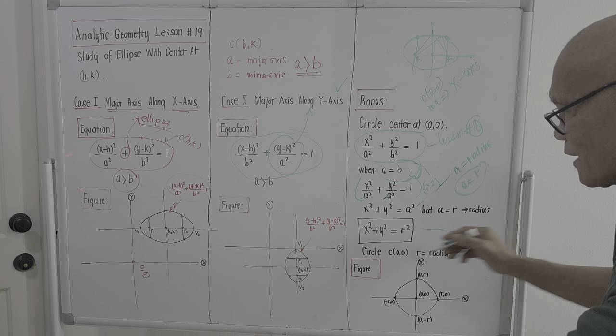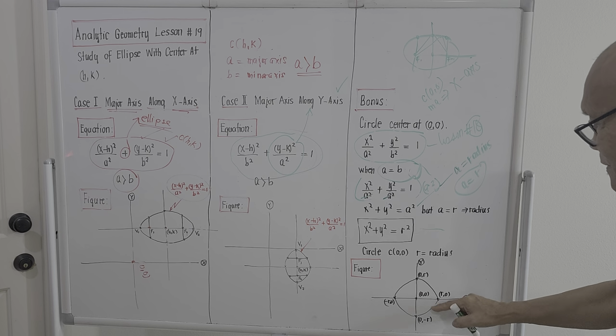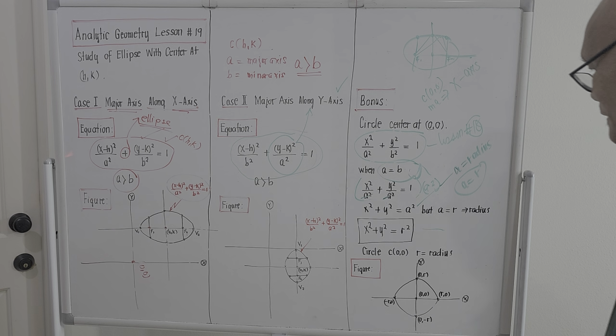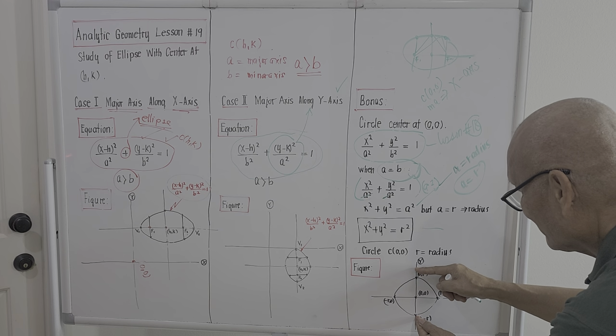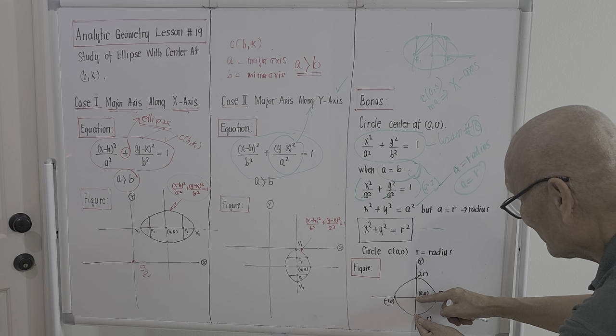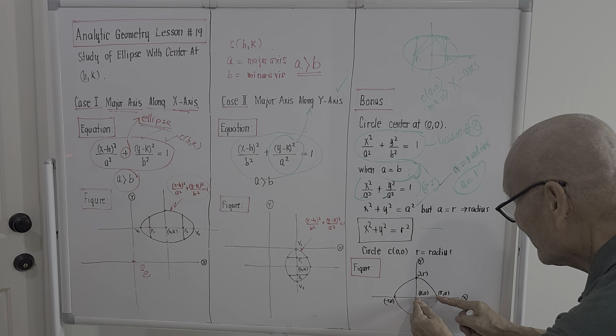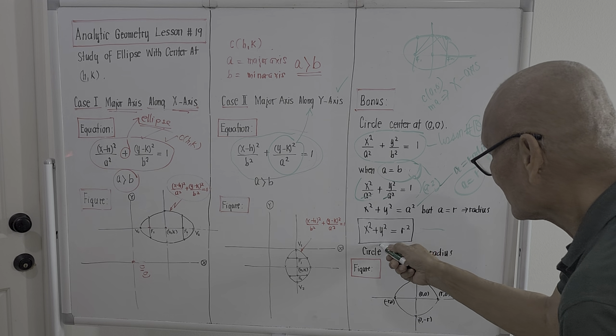If we bring out the figure, it will be this. This length here is the same as this one, and this one, and we call it a circle.